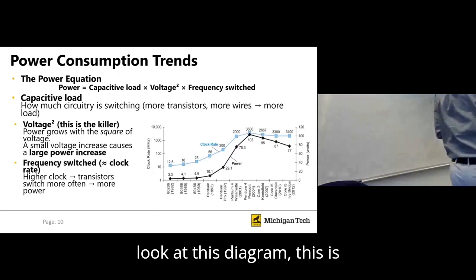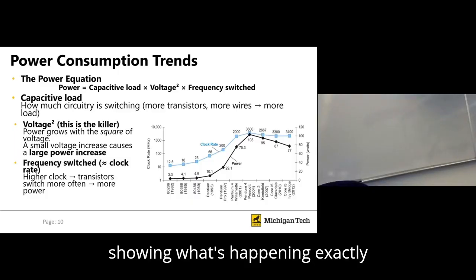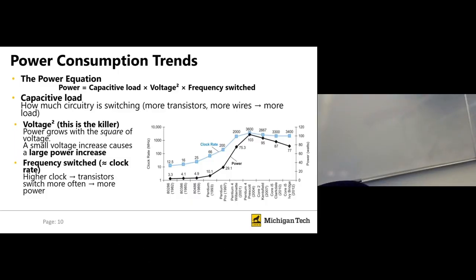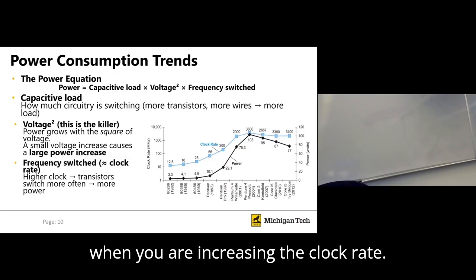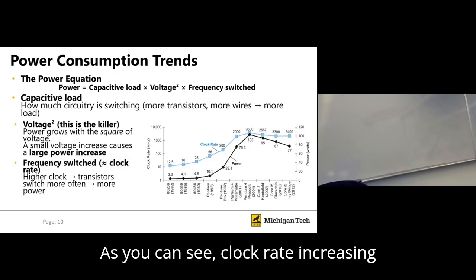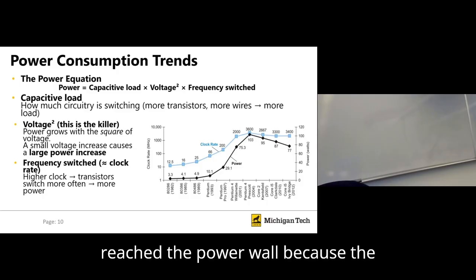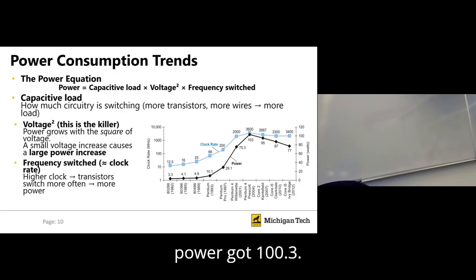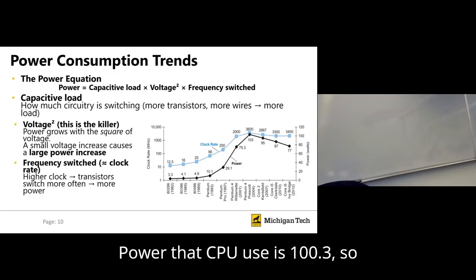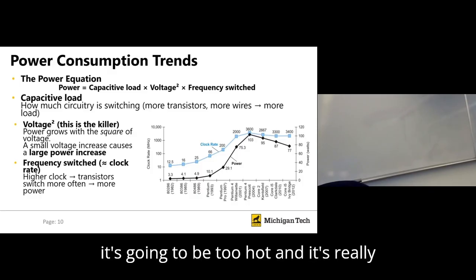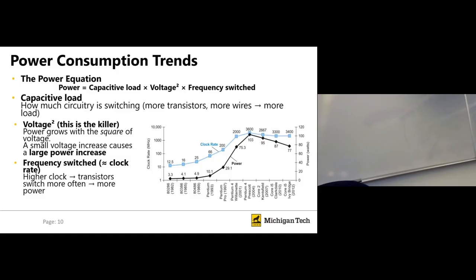If you look at this diagram, this is showing what's happening when you are increasing the clock rate. As you can see, the clock rate is increasing, and 3.6 gigahertz is the maximum they got. But it reached the power wall because the power got to 100.3. The power that the CPU uses is 100.3, so it's going to be too hot and really needs cooling down.